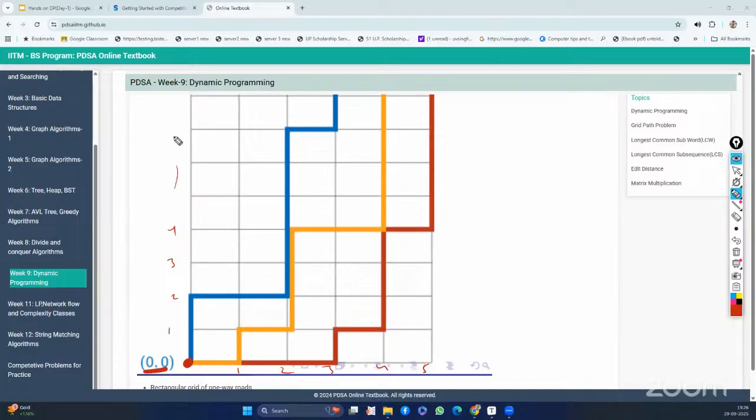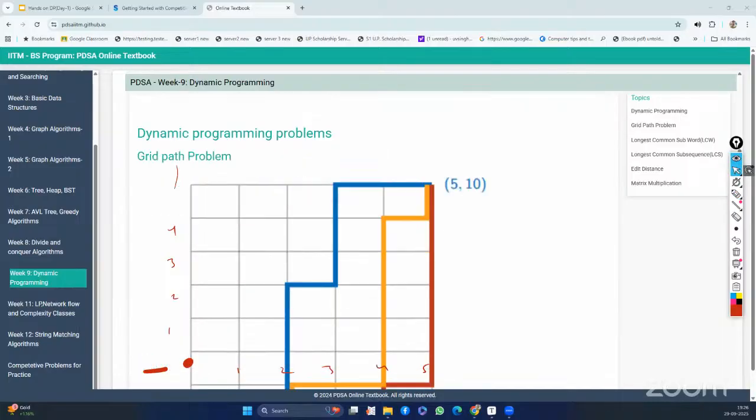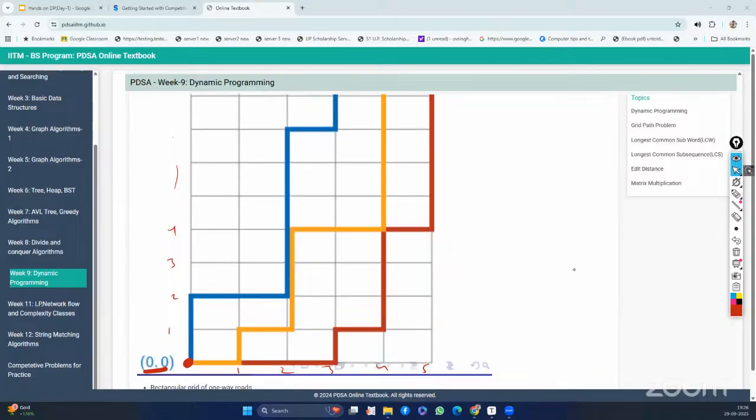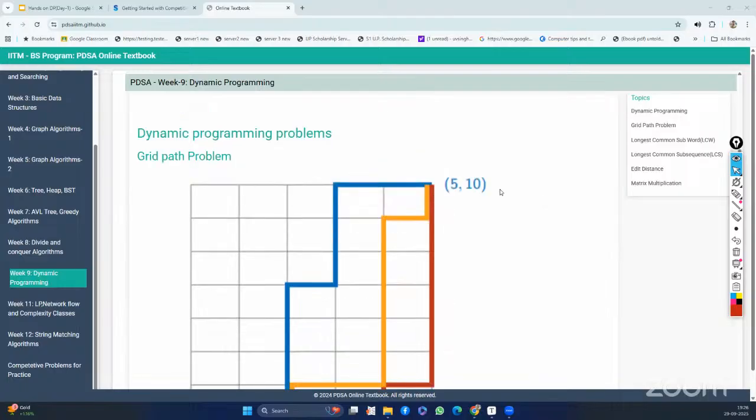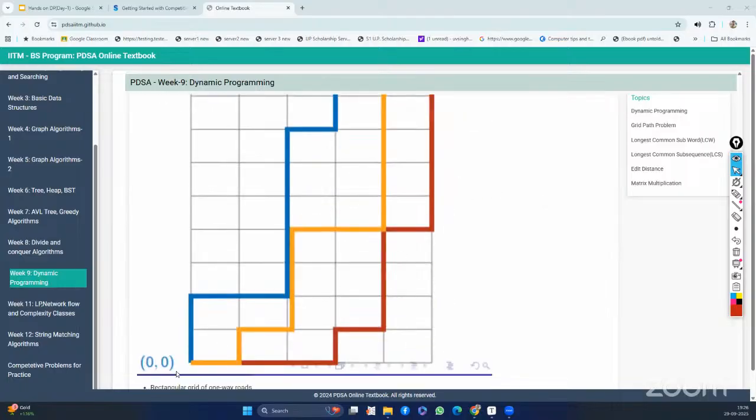And this top corner point is 5 10. So we want to find out how many unique paths are possible in this problem from 0 0 to this 5 0.